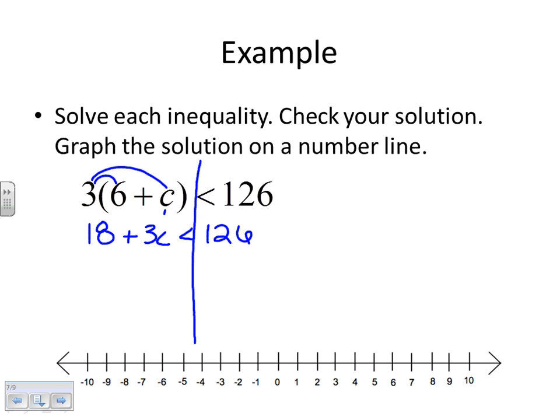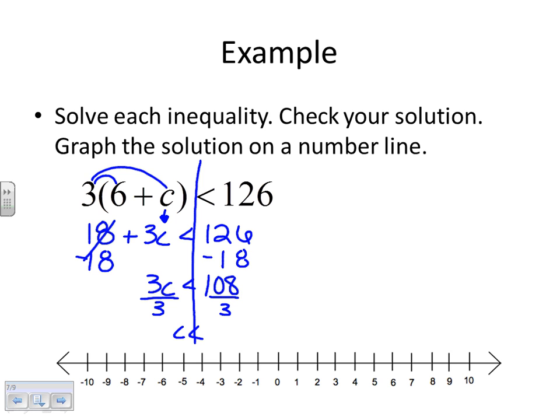Okay, and we're going to make sure we get our c by itself, so we're going to subtract 18. And we have, let's see, 108. And we divide by 3.